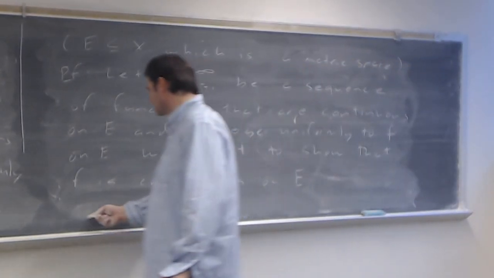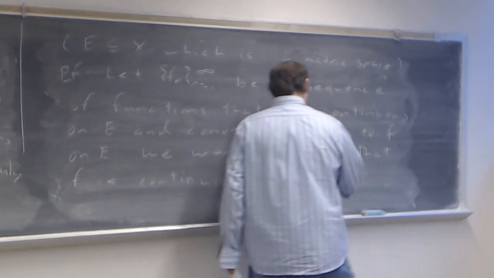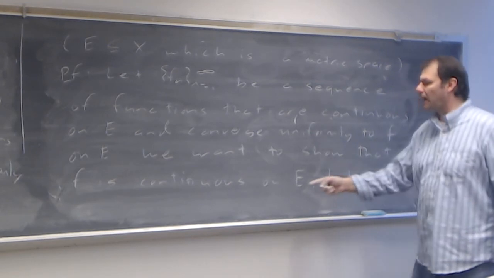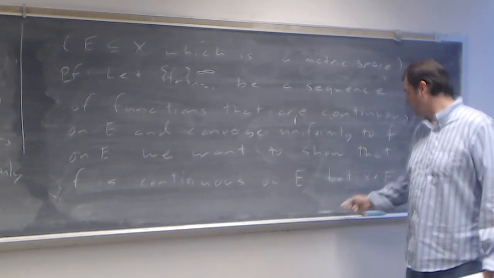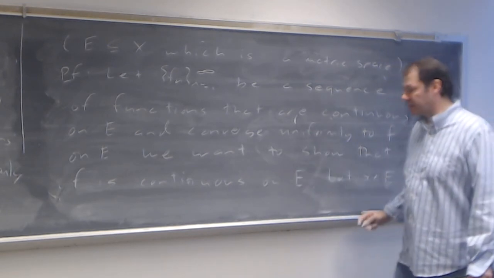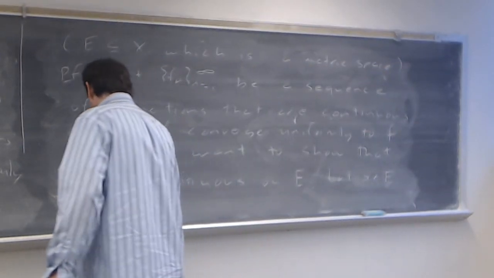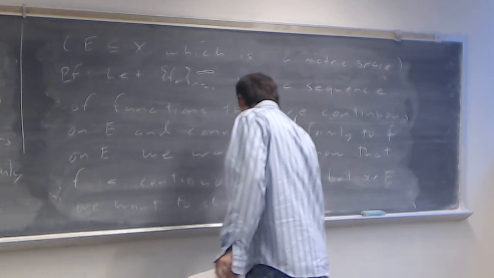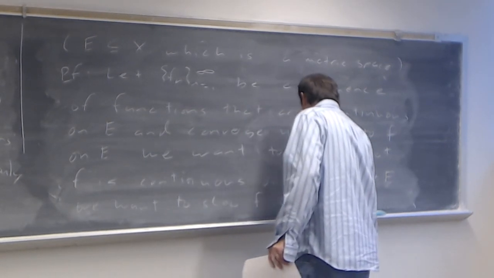So case one, we'll let x be an element of E, and so our job to show that f is continuous on E is that if you give me any x in E, we want to show f is continuous at x.